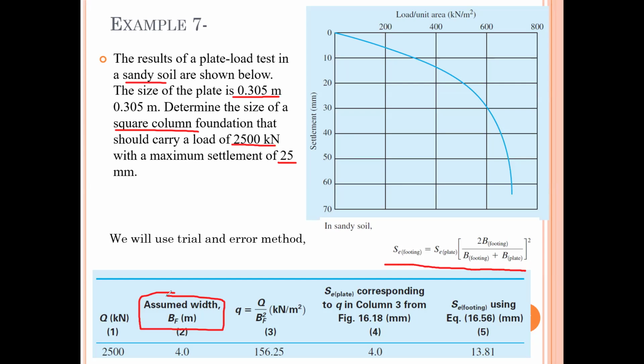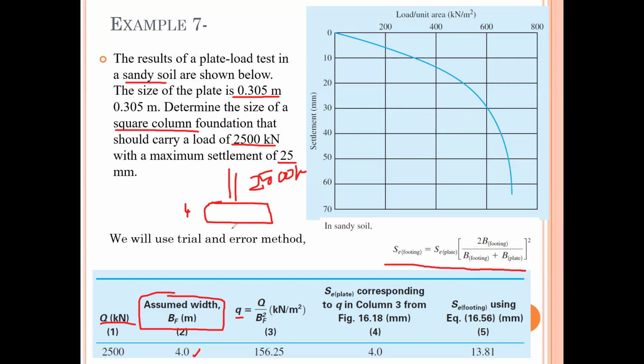Based on that width, we will find the load per unit area. So this load, 2,500 kilonewton, is applied on a width initially assumed as 4 meters.